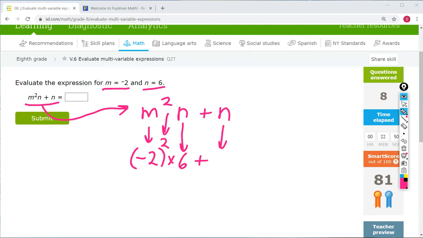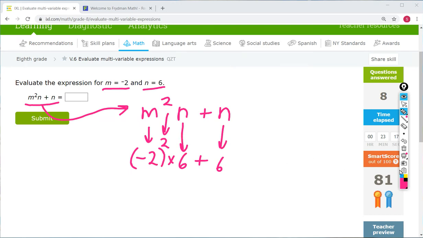Plus, we have another 6, okay? So wherever you see an n, you should be plugging in 6. We have two n's here, so we're going to plug in two 6's. If there were 8 trillion n's, then we would plug in 8 trillion 6's. It doesn't matter how many you have. Just everywhere you see an n, at least for this problem, you're going to plug in a 6.